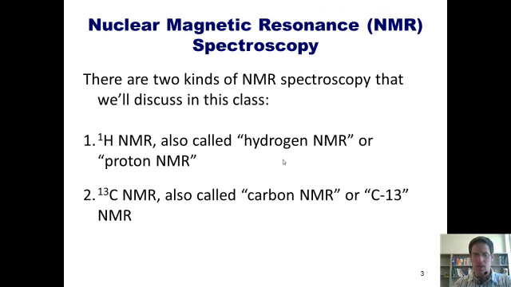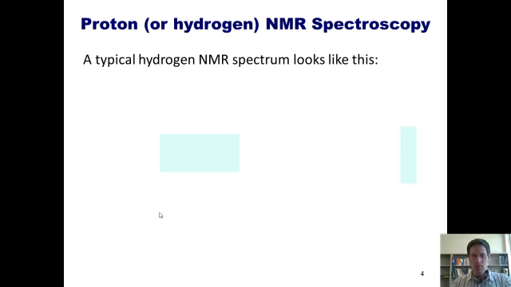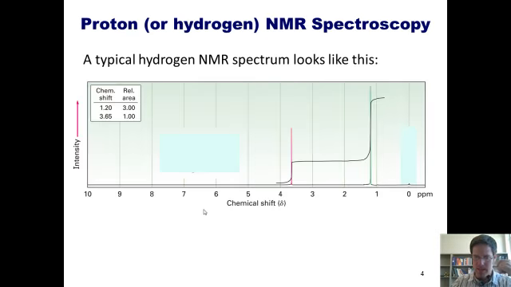There are two different kinds of NMR we discuss in undergraduate organic chemistry. Hydrogen NMR, or H1 NMR, also sometimes called proton NMR, and C13 NMR, or carbon NMR. I'll begin, of course, by teaching you about hydrogen NMR. A typical hydrogen NMR spectrum looks like this.